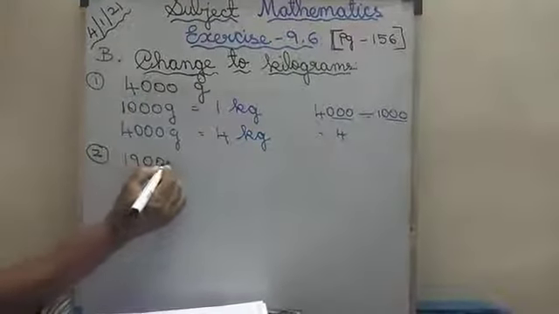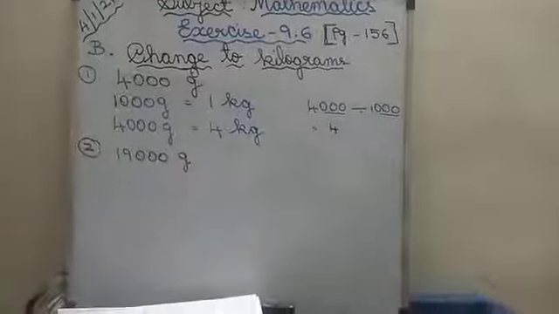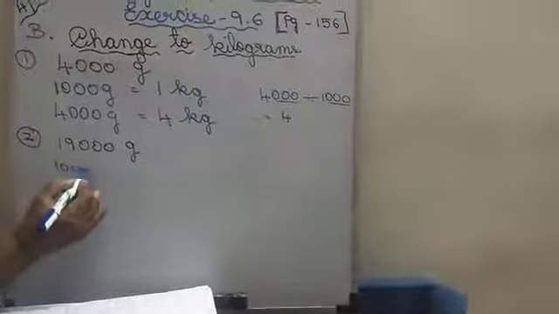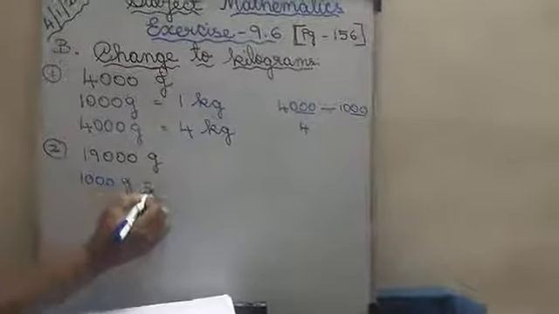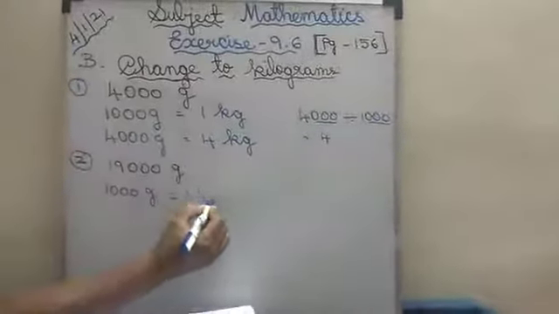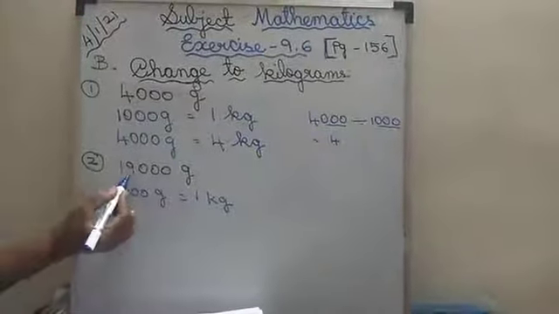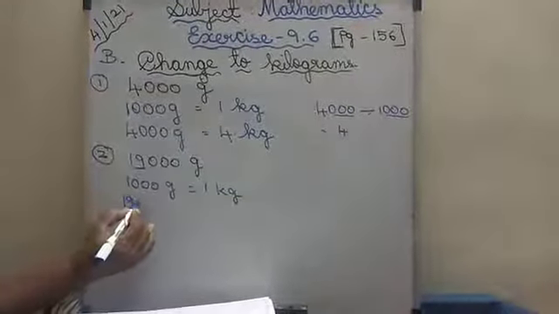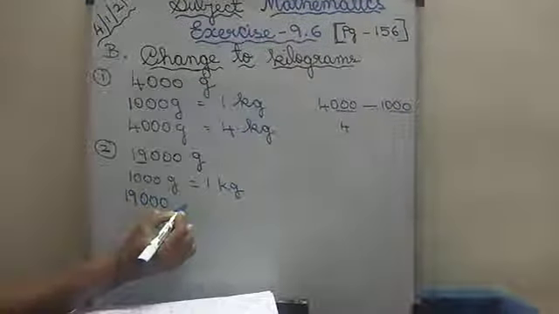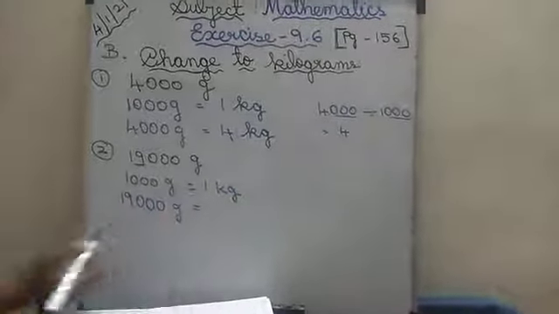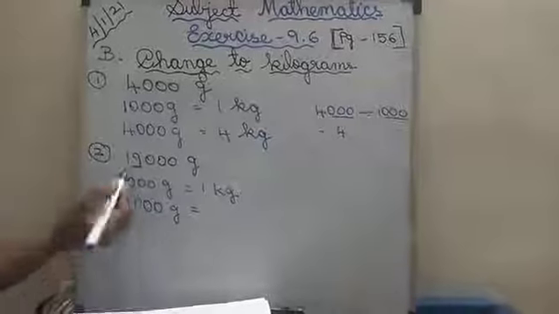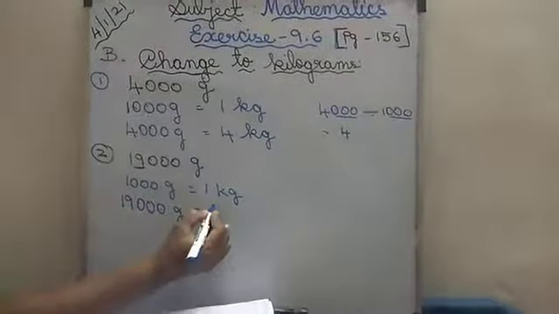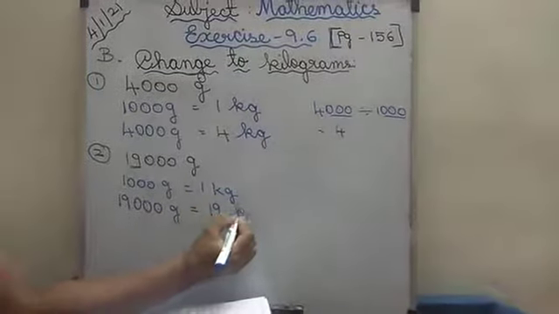19,000 gram. So again, 1000 gram is equal to 1 kg. So here 19,000 is given. So what you have to do? 19,000 gram is equal to what, children? See, for 1000 only 3 zeros will come, isn't it? So you have to remove these 3 zeros and write only 19 kg.